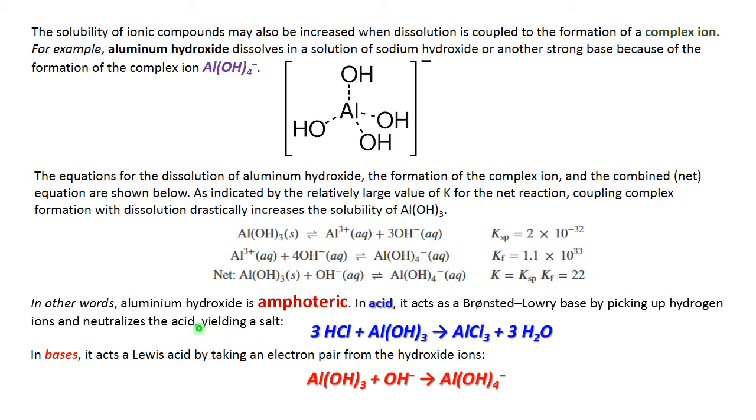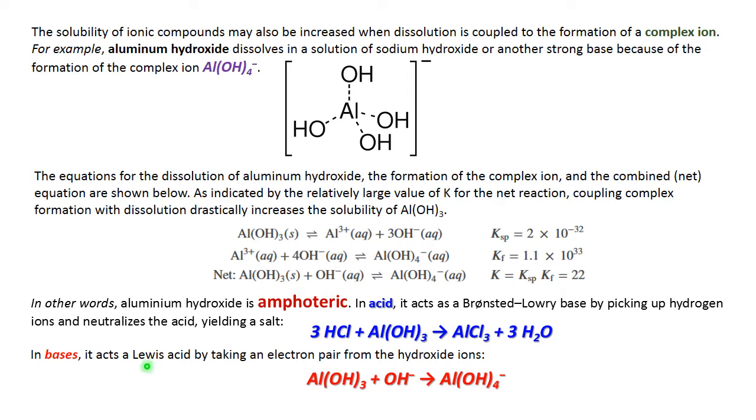In other words, aluminum hydroxide is amphoteric. In acid, it acts as a Bronsted-Lowry base by picking up hydrogen ions and neutralizing the acid. So aluminum hydroxide as a base reacts with acid, making salt and water.